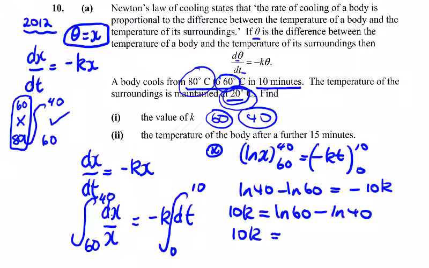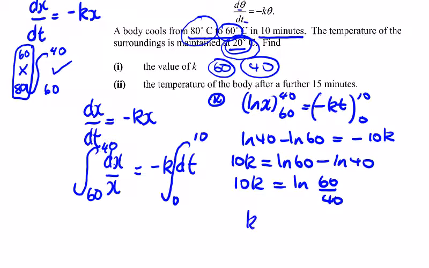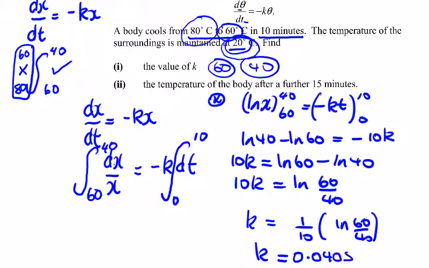So 10k is equal to the natural log of 60 over 40. So k is equal to a tenth of that, 1 over 10 times the natural log of 60 over 40, giving k to be 0.0405. How many decimals are we asked for? It doesn't say, so we give it as that.